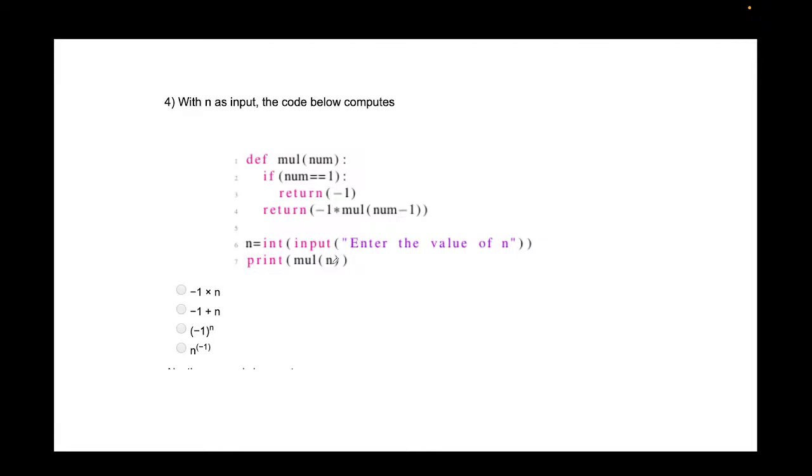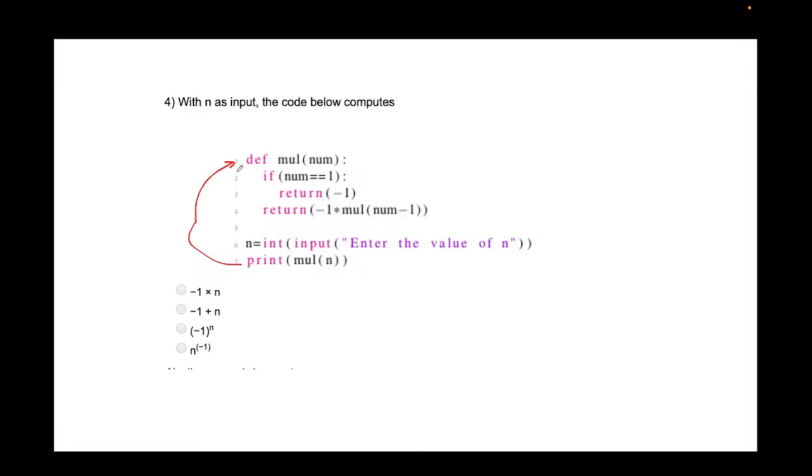So let's say n is equal to 3. I'm supplying n equal to 3, and control will go here to the function definition. So num is not equal to 1 because I'm giving 3.